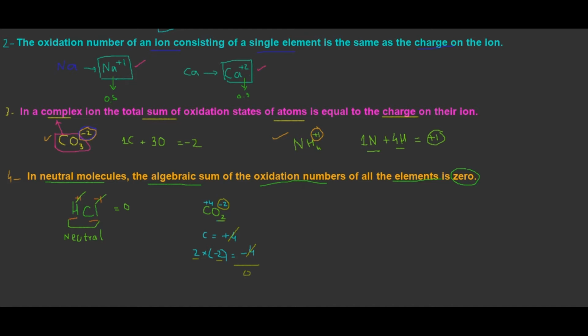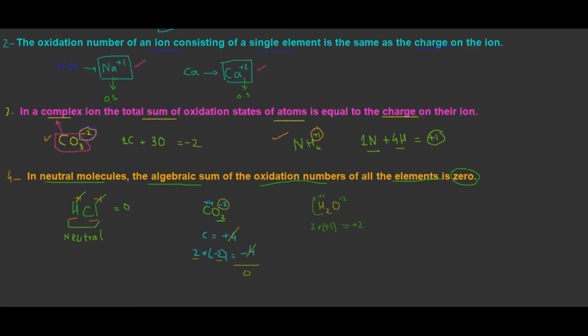Similarly, if you have water, in case of water, oxygen atom is having minus 2 charge, while hydrogen atom is having positive 1 charge. So once you multiply this 2 with plus 1, you will get 2 multiplied by plus 1, so that is equal to plus 2.